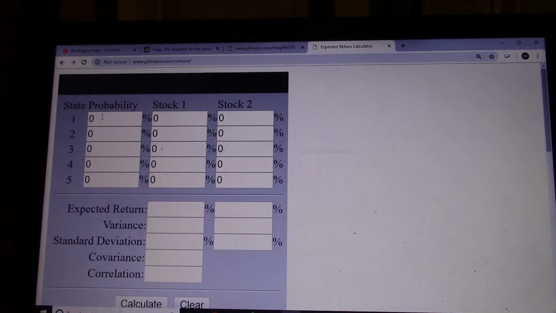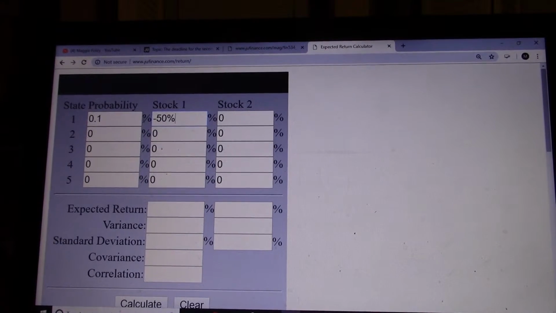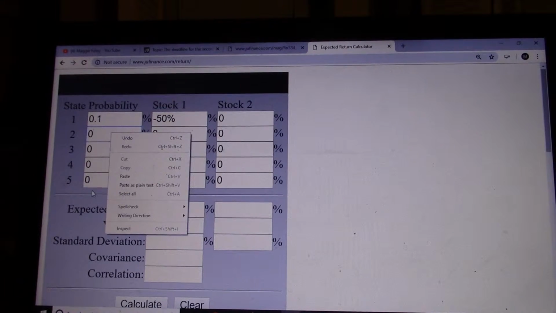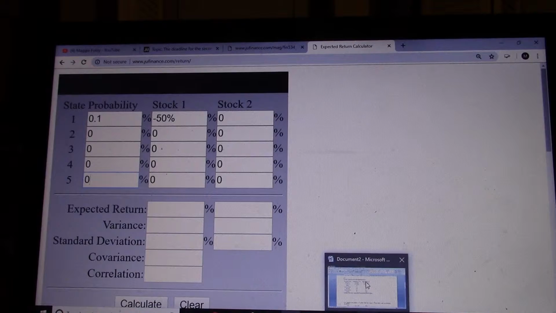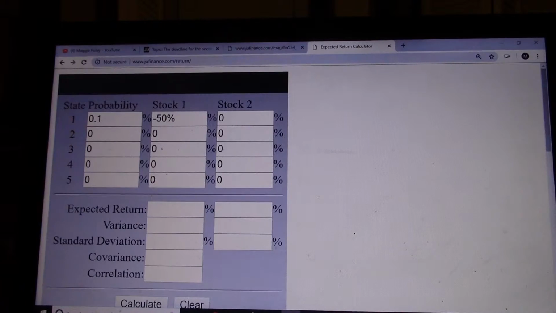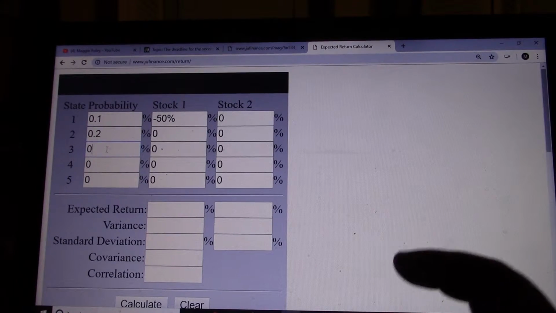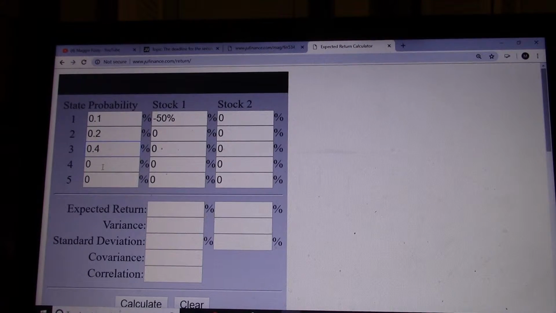So we know the weak economy is 0.1 and its return is -50%. And the next one, I remember the strong case. The probabilities are 1, 2, 4, 2, 1, so they have to add up.